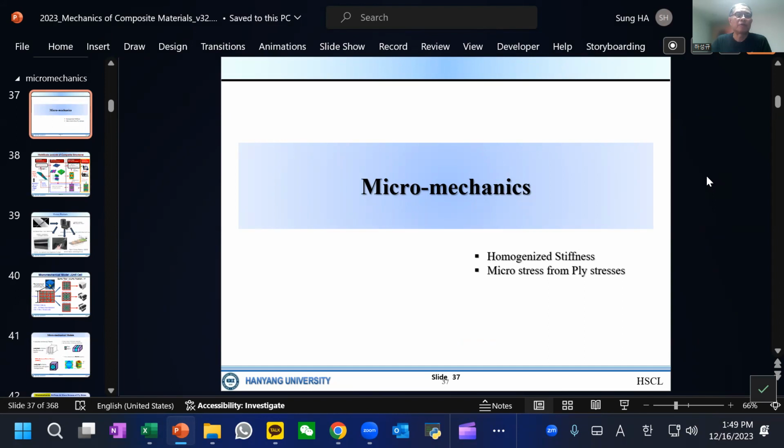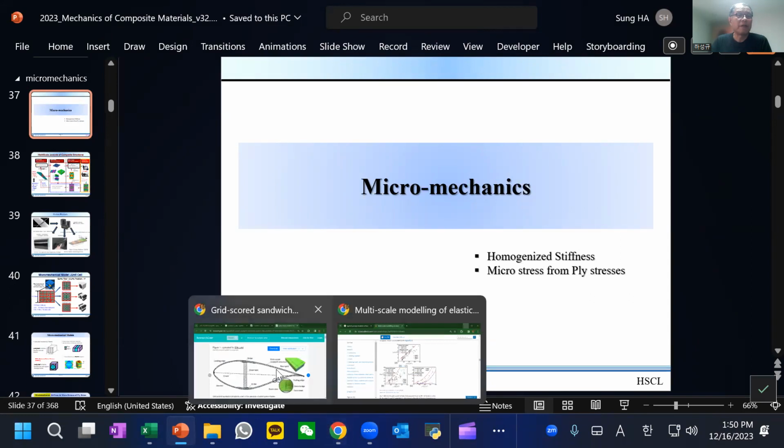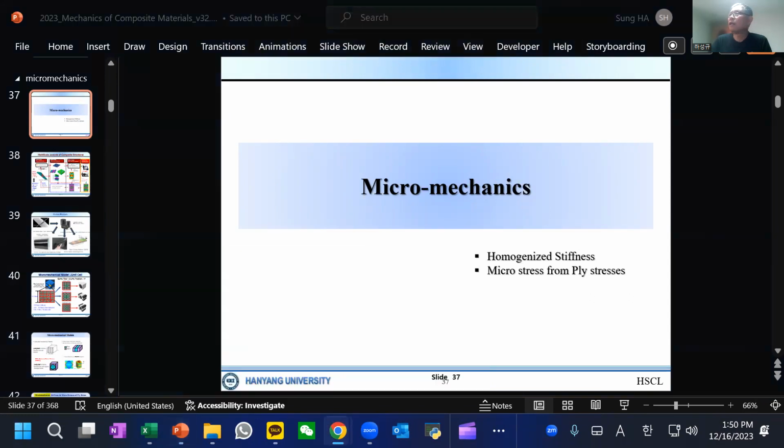I'd just like to emphasize the importance of this subject. If you need further information, now you understand the importance of this subject, you can search on the internet very easily.